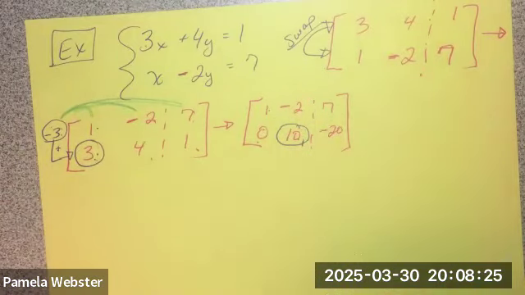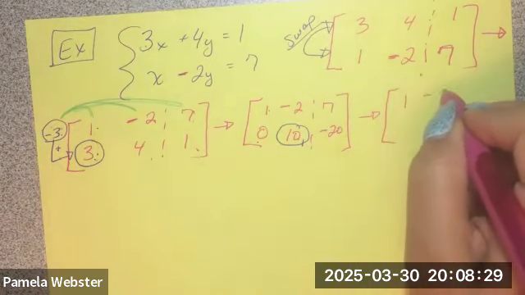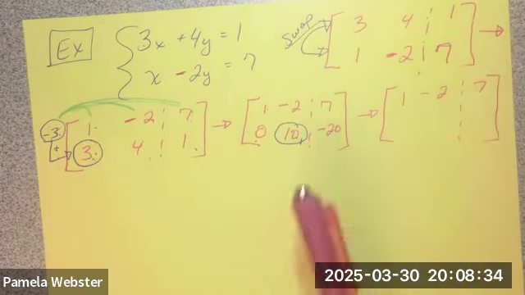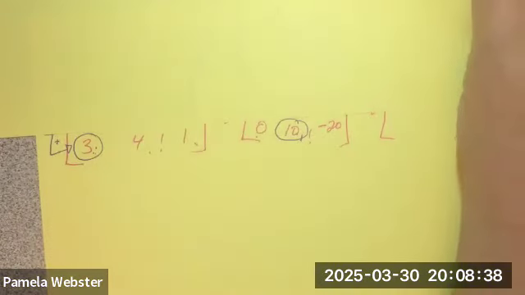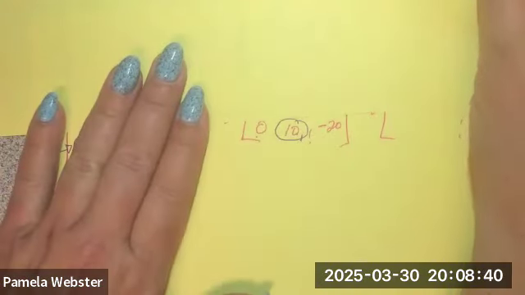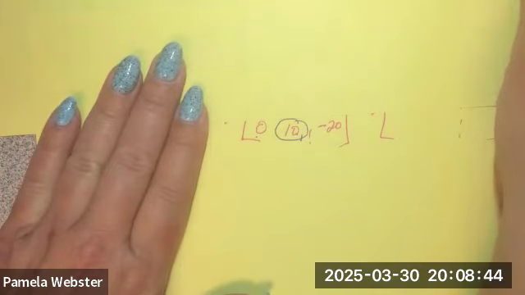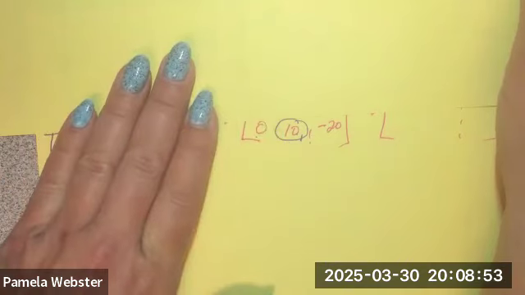In fact, I'm not even messing with the top row. So I'm going to rewrite the top row real fast. 1, -2, and 7. You're staying the way you are. Look at that bottom row, and if you need to, cover up the top row so you're not looking at it or it's not confusing you. There's lots of stuff going on here, right? That bottom row, remember that represents an equation. Right now it says 0x plus 10y equals -2.